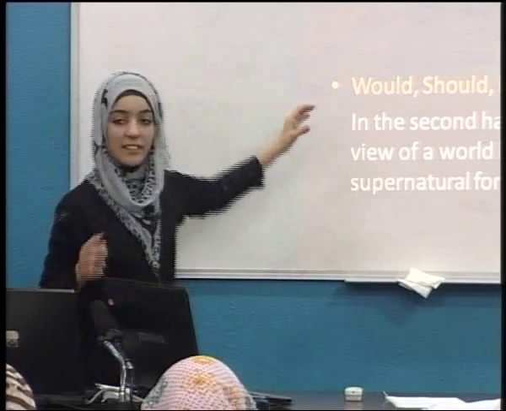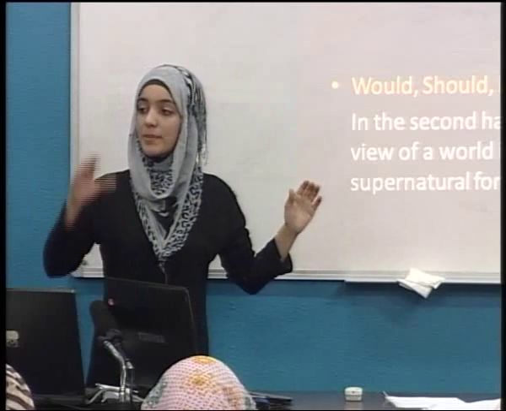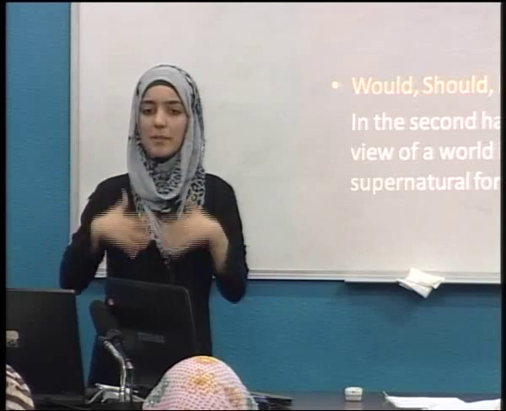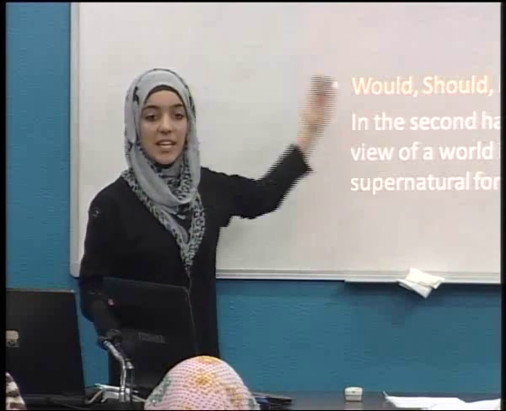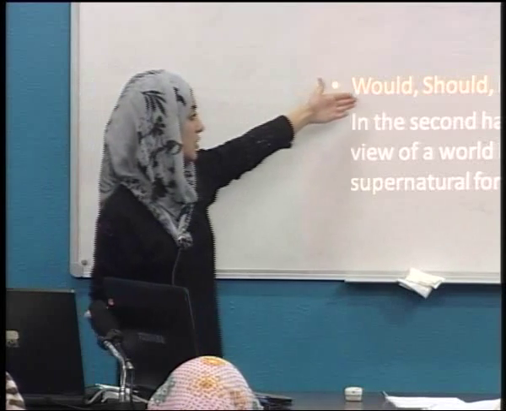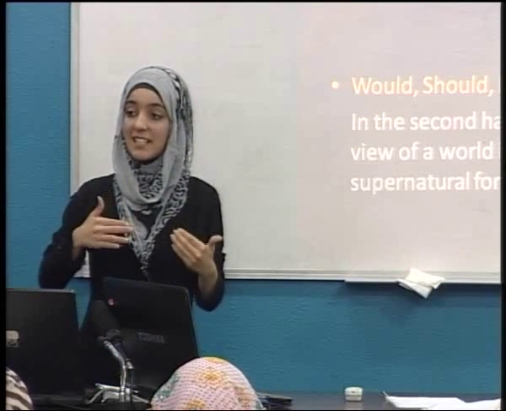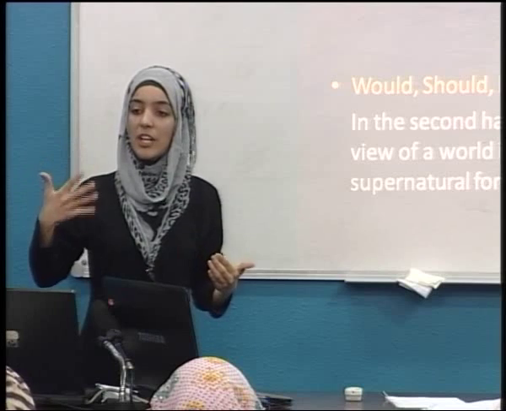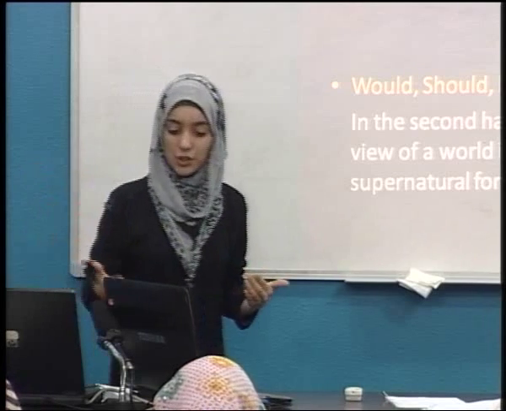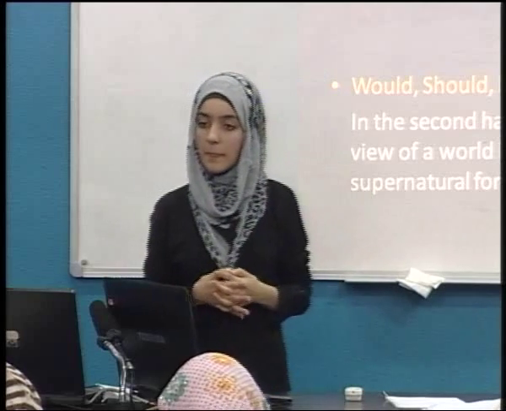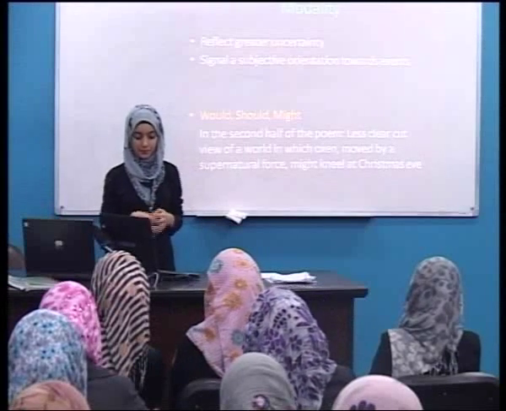He didn't use any modal verbs in the first 2 stanzas, which gives the impression that everything was certain, they believed in everything that was said. But in the last 2 stanzas, he used would, should, and might, which are modal verbs. So it reflects the complexity and the more skeptical attitude towards things. Subjective orientation means personal point of view.